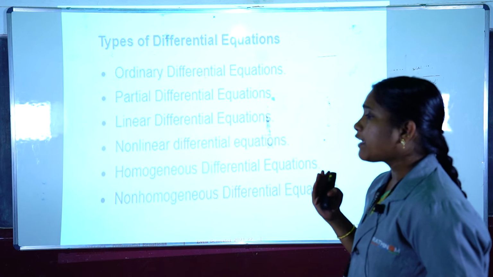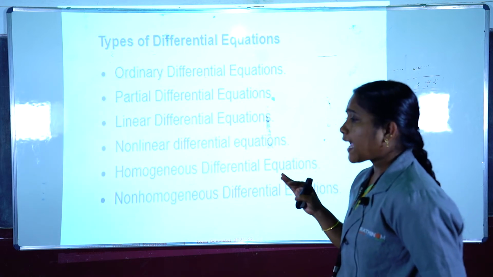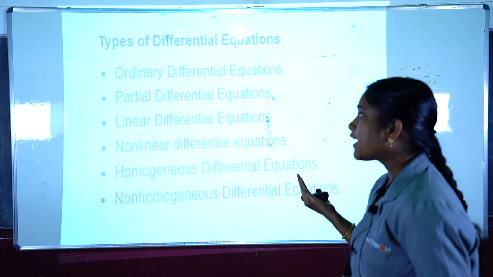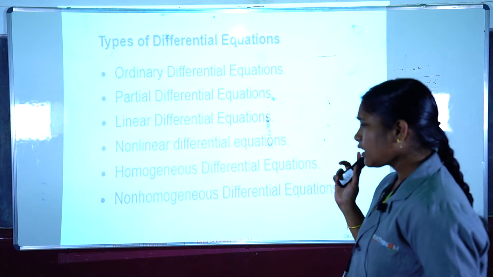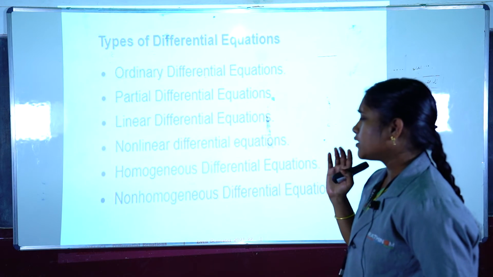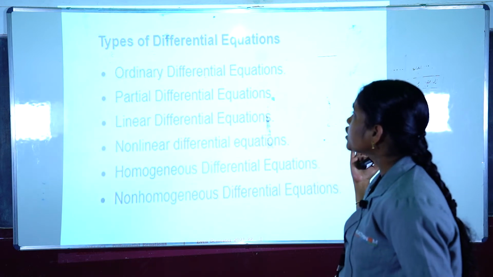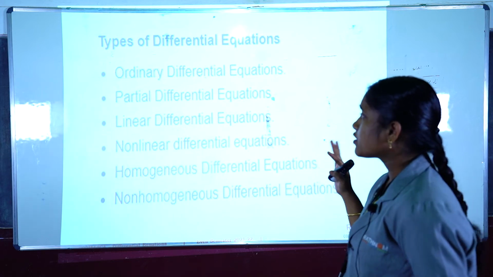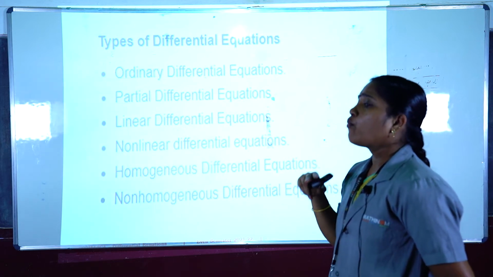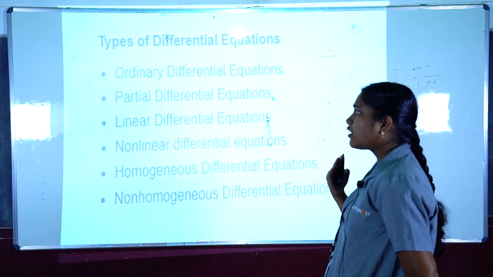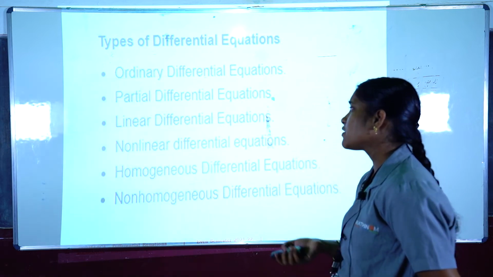In a derivative dy by dx, the independent variable is x and the dependent variable is y. If we have a single independent variable, we can say that this differential equation is an ordinary differential equation.